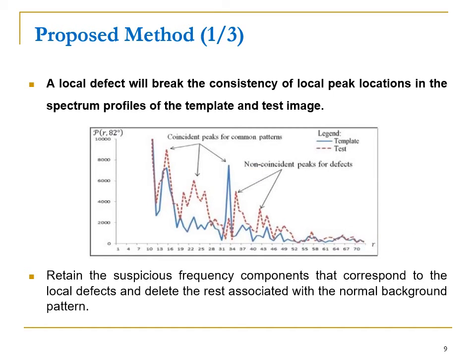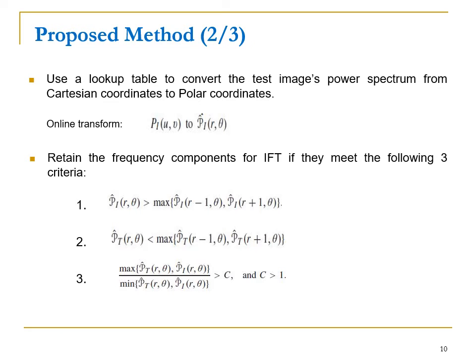Now we go through the algorithm. What are the steps? Okay, so first we go to polar coordinates, and for this we can make a lookup table. The lookup table will help translate from Cartesian to polar coordinates online, and then decide which frequency components are to be retained for IFT.